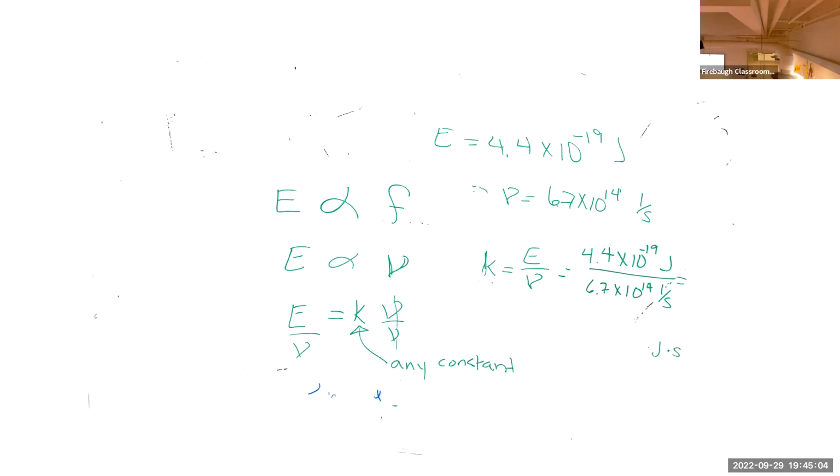What is 4.4 divided by 6.7? That's all this thing. 0.66.